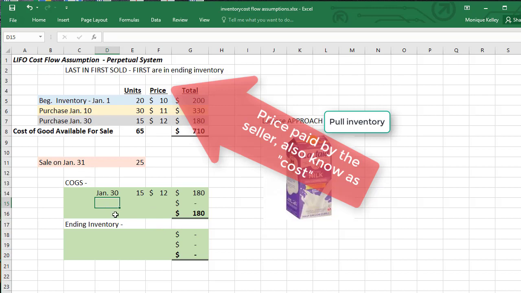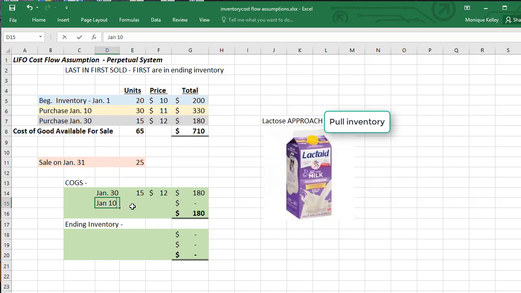And then the next last date will be January 10th. If we have 15 on the 30th, we need how many more? We need 10 more to get to 25.